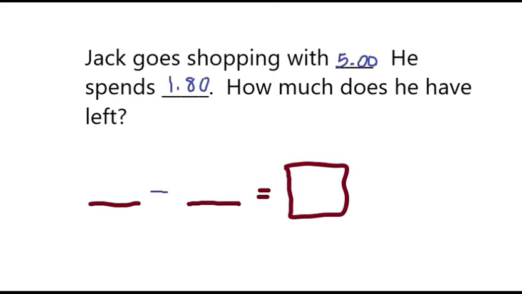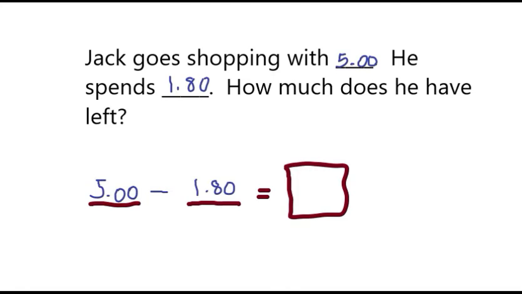Don't know, but let's see what we get. So let's fill in our problem down here. We now know that he had $5 to begin with, and he ended up spending $1.80.